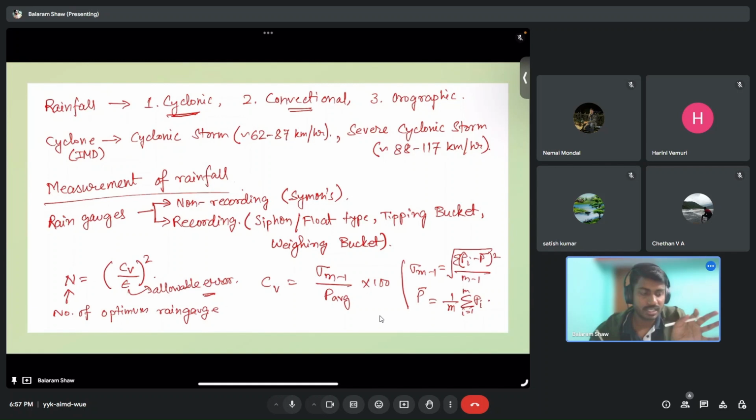Other than radar, we have next generation radar and so on. Then we can also get the estimate of rainfall using satellites. In India we have INSAT 3DR, which was launched in 2016, which helps us get the estimates of precipitation in India.